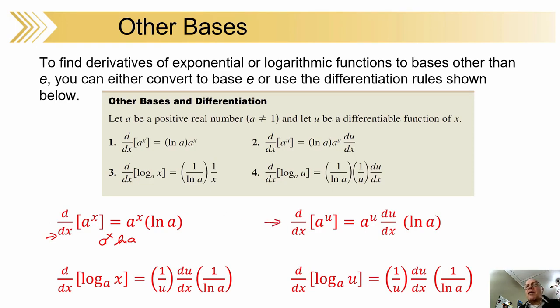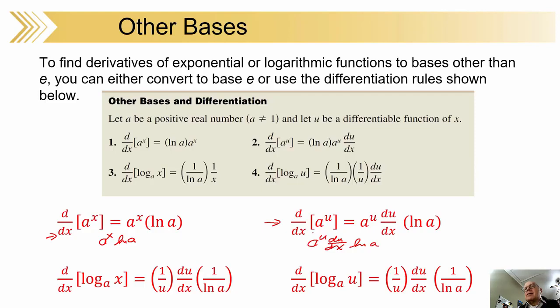For the second one over here, this looks similar. So you have a to the u, but remember two things. First of all, you're going to have to take the natural logarithm of a because this isn't e, and because you need to use the chain rule, you'll have du/dx.